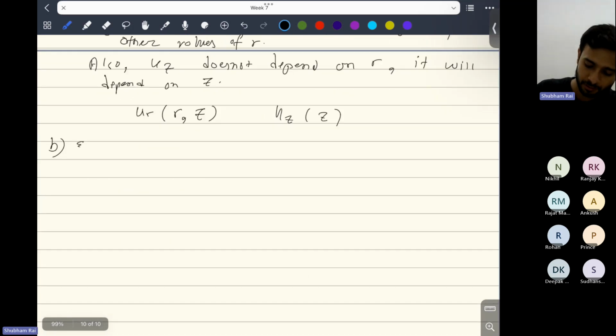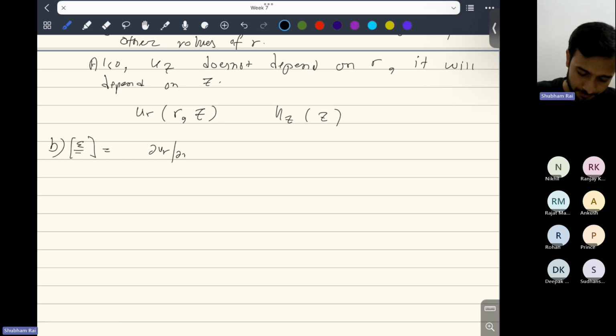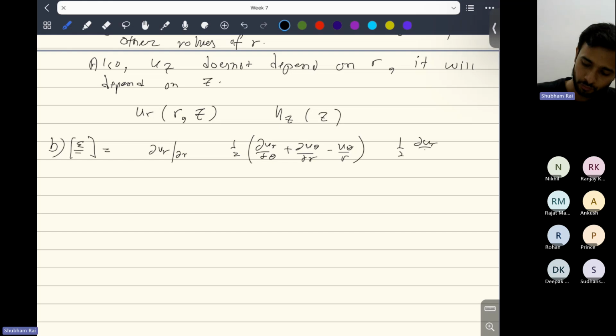The strain matrix in cylindrical coordinate system is given by ∂u_r/∂r, and then you have 1/2 (∂u_r/∂θ + ∂u_θ/∂r − u_θ/r), and then you have 1/2 (∂u_r/∂z + ∂u_z/∂r), right?